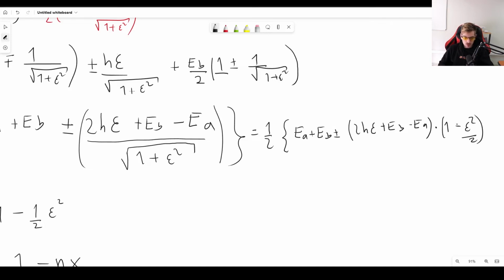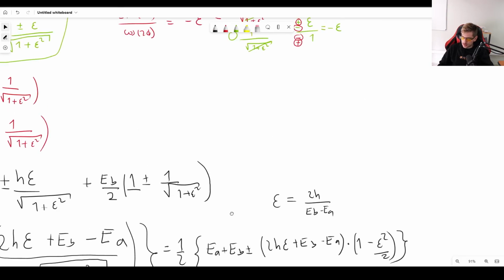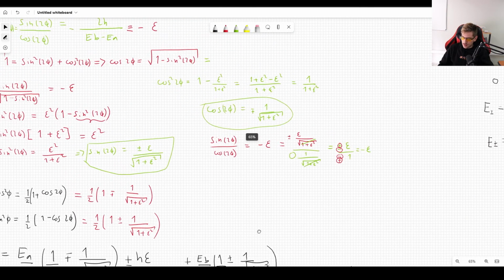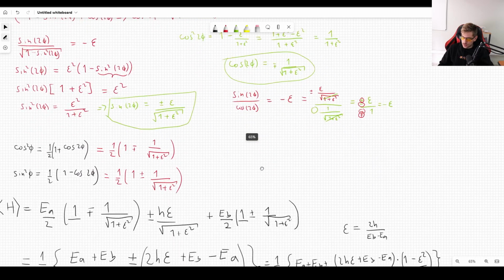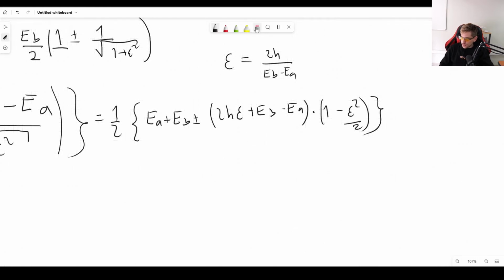And we can also plug in the value for epsilon, right? So epsilon, as we had just seen, is simply, I think it is 2h divided by EB minus EA. I'm going to double check. Epsilon, it is 2h over EB minus EA, yes. So let me write it as such.